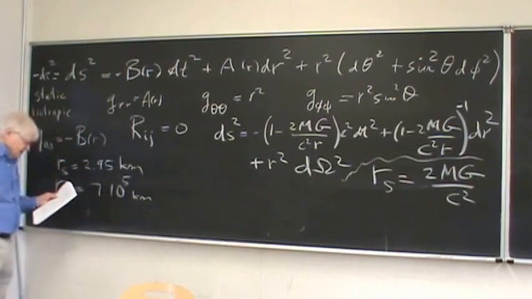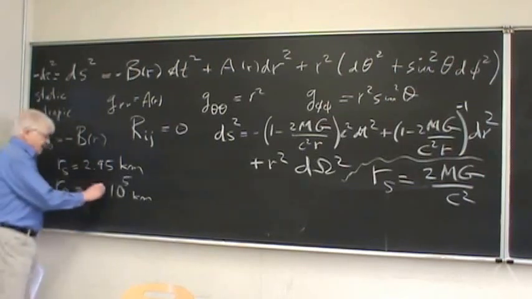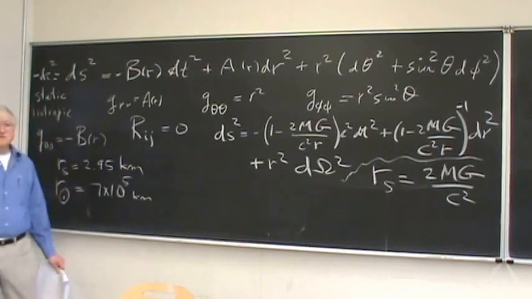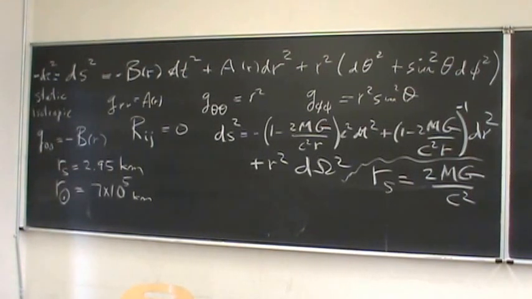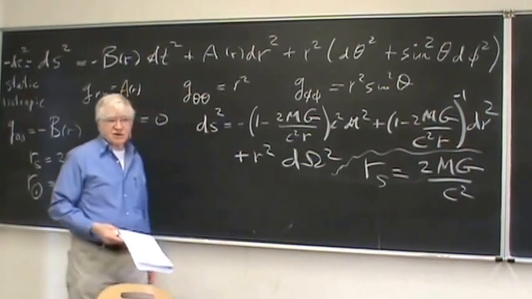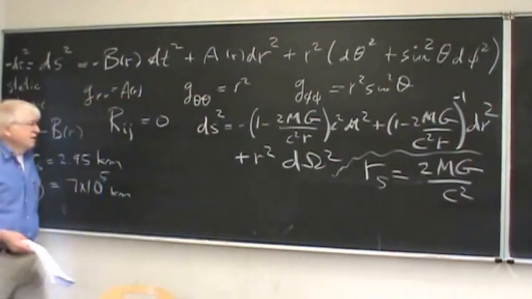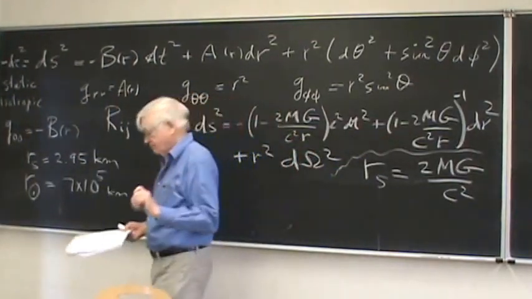In other words, 10 to the 5th kilometers. So the Schwarzschild radius is way inside the sun, and so we can use the Schwarzschild solution outside the sun without worrying about these terms, without worrying about the first term being 0 and the second term being infinite.